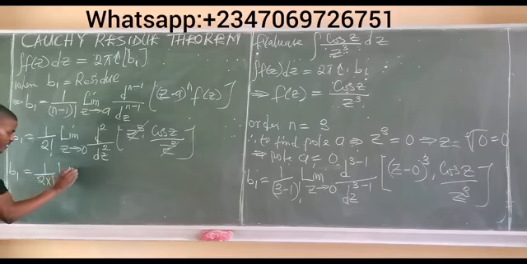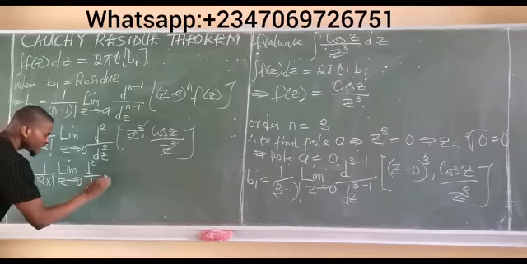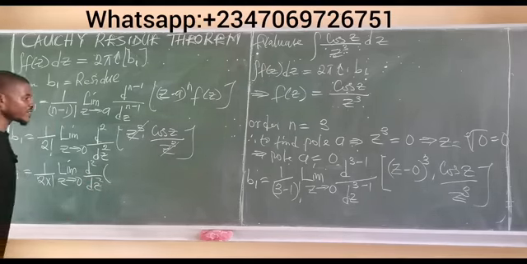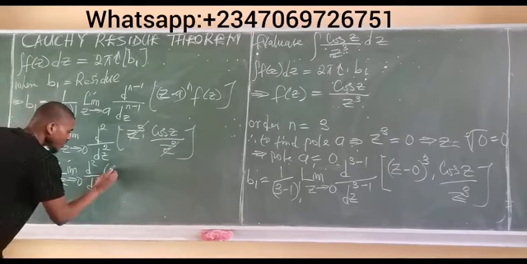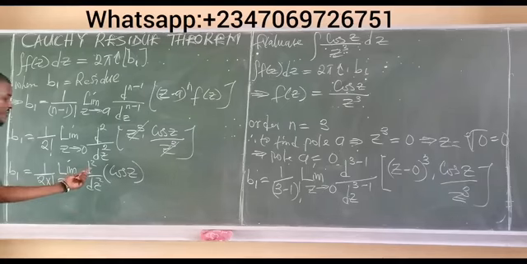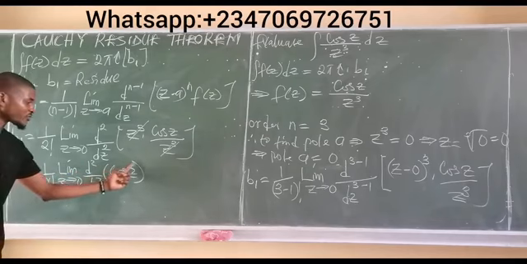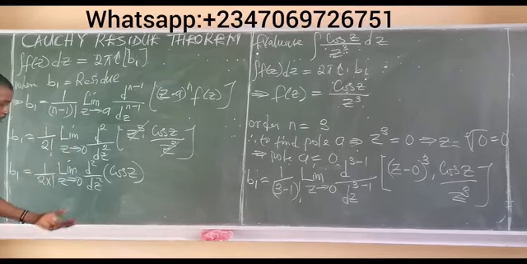The limit as z tends to 0, d squared all over dz squared of, I am now left here with what? Cos z. So this means that I will differentiate cos z twice. This is d squared over dz squared, which means I'm going to be differentiating cos z twice.